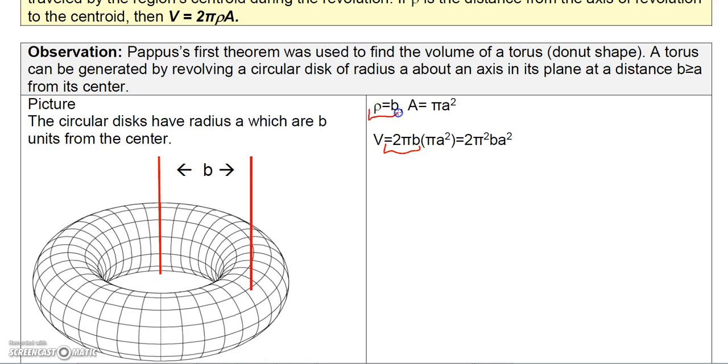So we're going to just say that's b, and then times the area of the circle, which is pi a squared, where a is the radius of the circle. So the volume of the torus is actually 2 pi squared times b a squared, where a is the radius of the circle, and then b is the distance from the center to the centroid of the solid.